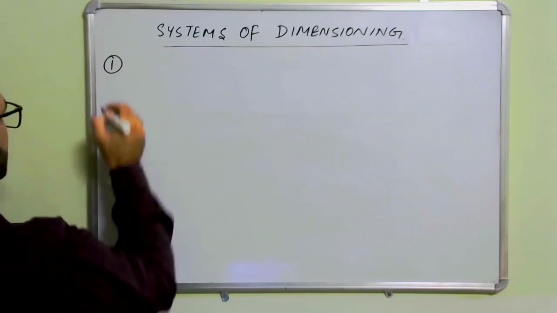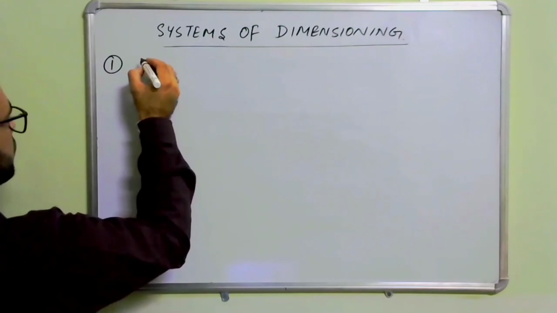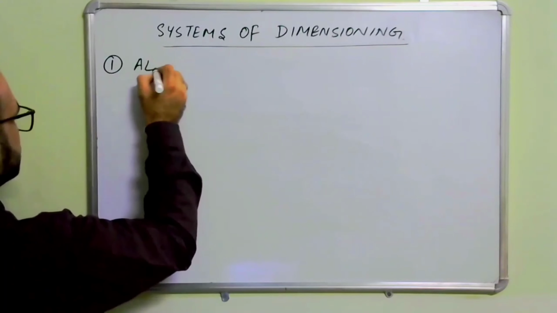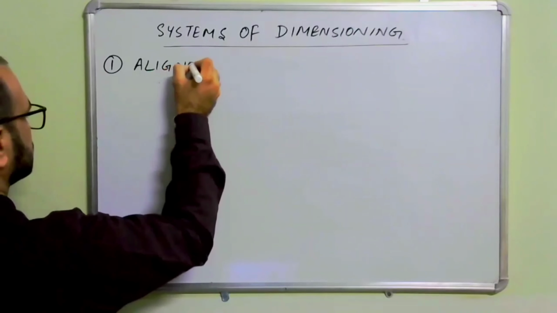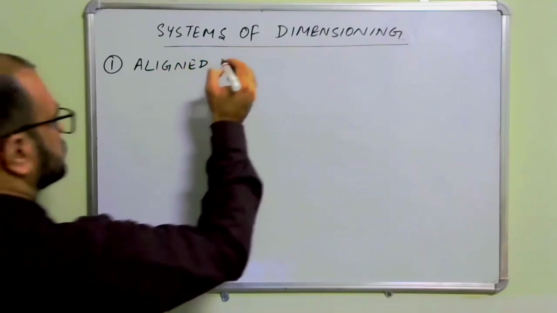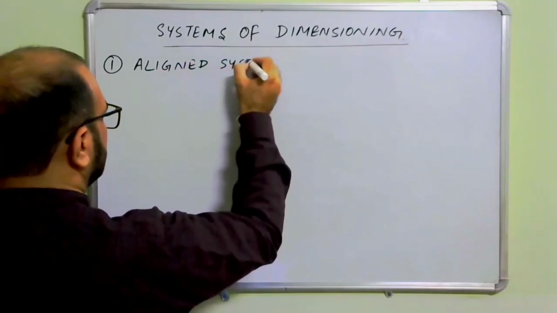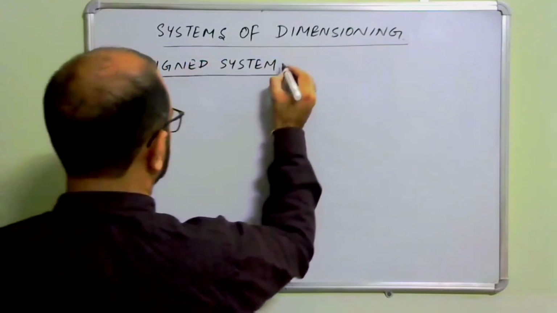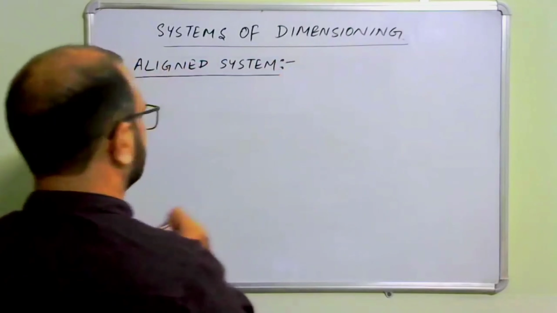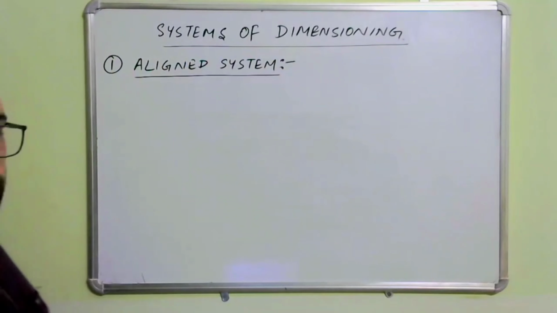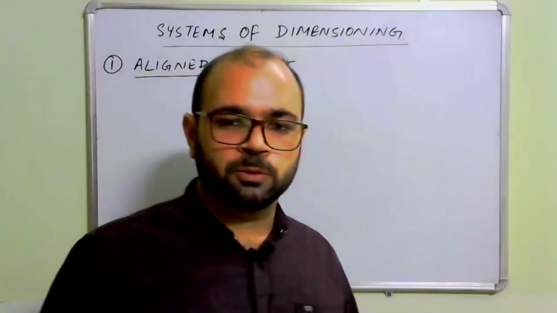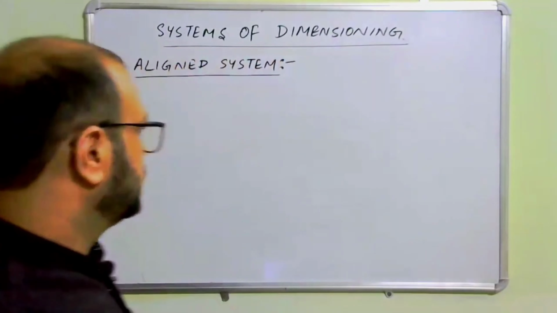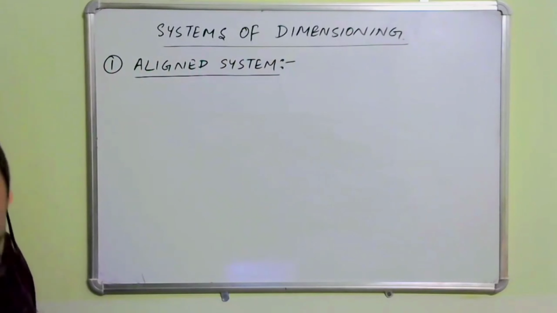The first system of dimensioning is the aligned system. Let us draw the figure for this aligned system. The second one is the unidirectional system, which we will do afterwards. So let us see the figure.